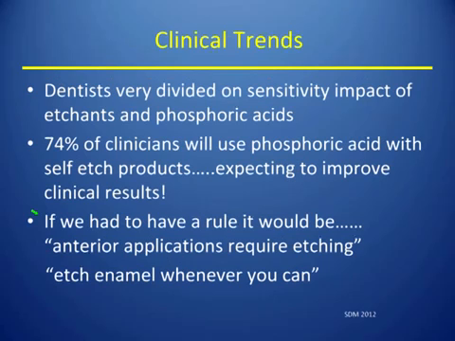We look at use of phosphoric acid, and certainly that can have some implications as to developing post-operative sensitivity. We want to make sure that we're using these materials correctly and appropriately. But as a general rule, if we have enamel available, we want to etch it. The most established and most durable bond that we know is a bond to etched enamel, so we want to capitalize on that whenever possible.